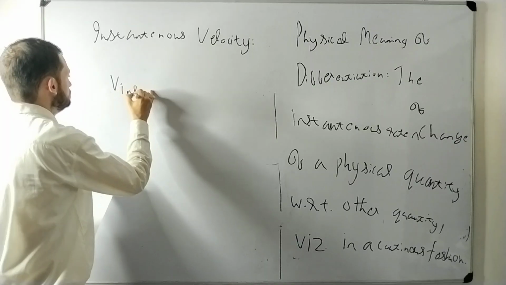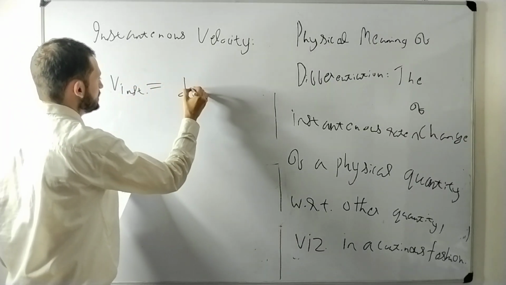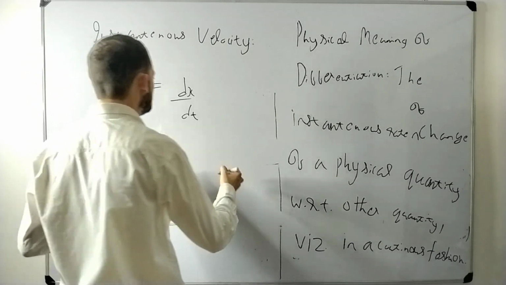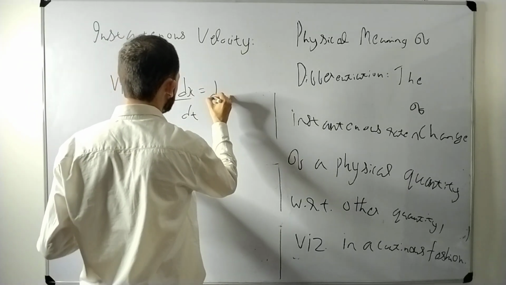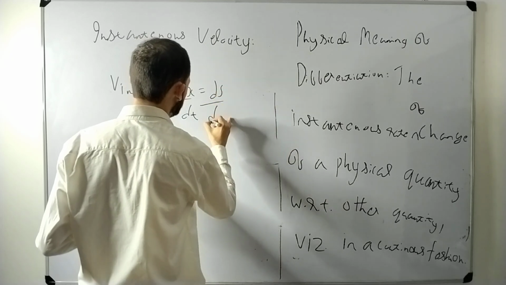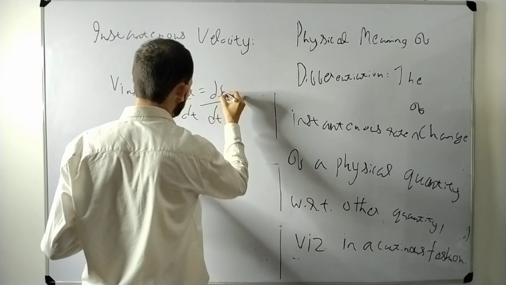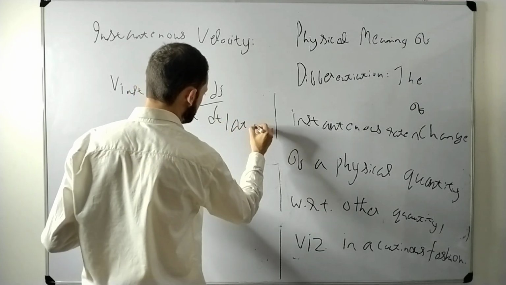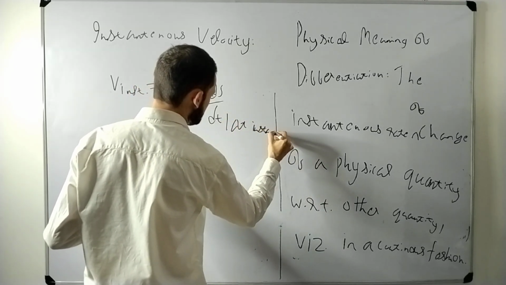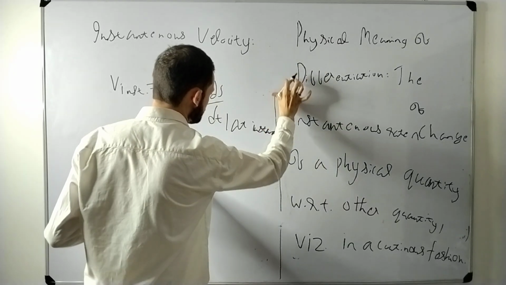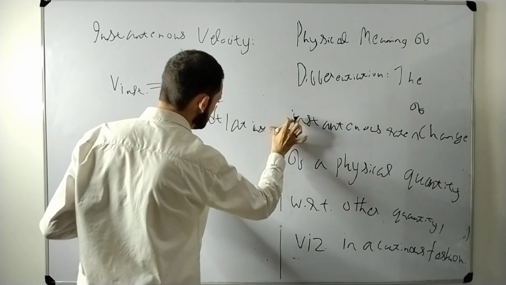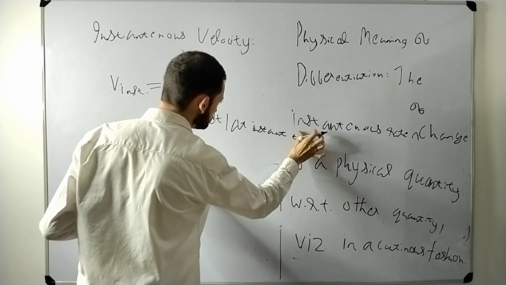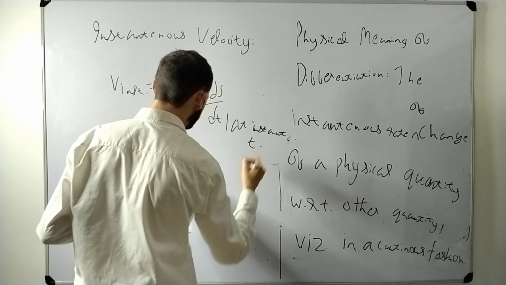V instant is dx upon dt, and I can also write ds upon dt. S is what? Displacement. Very nice. At instant t.